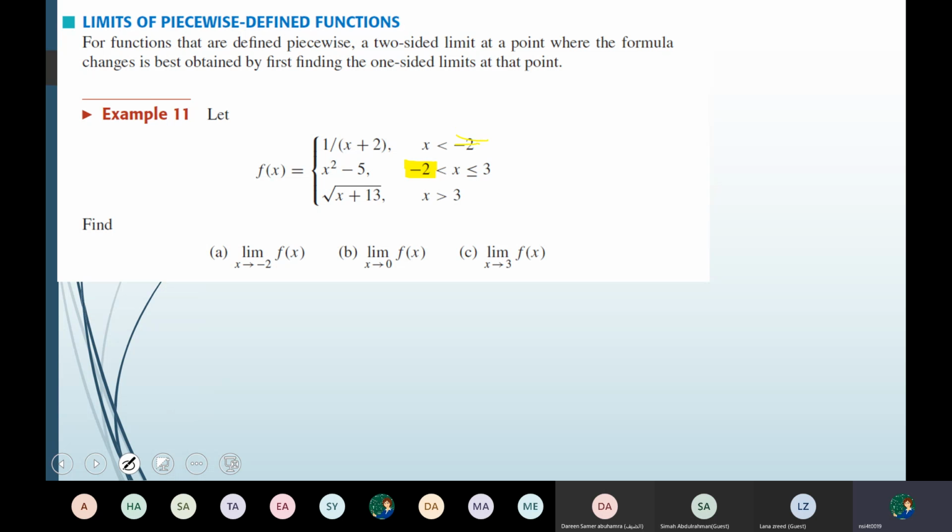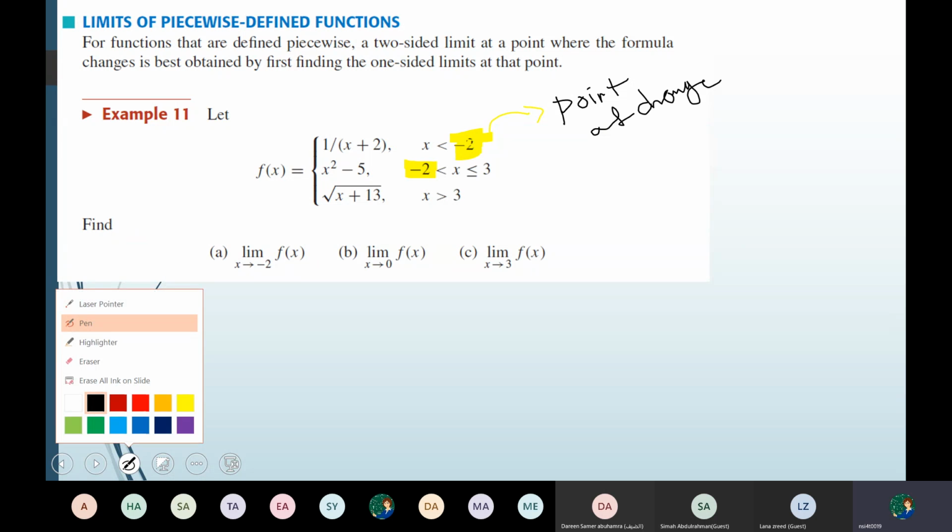So this point, negative 2, we name it a point of change.